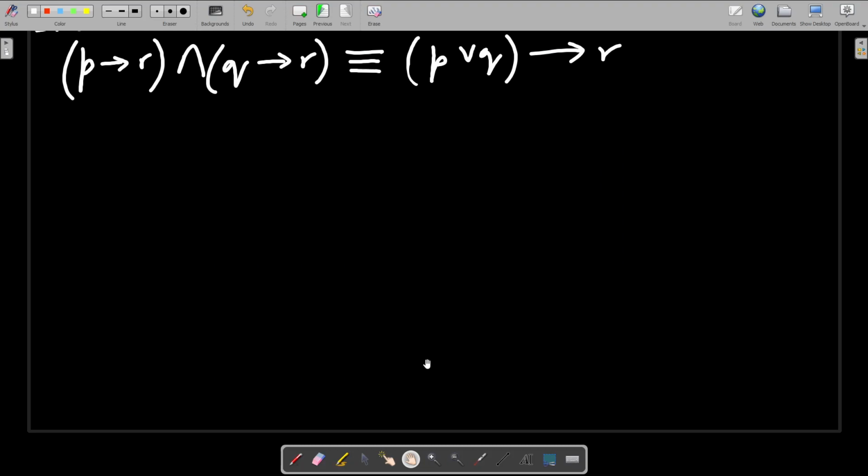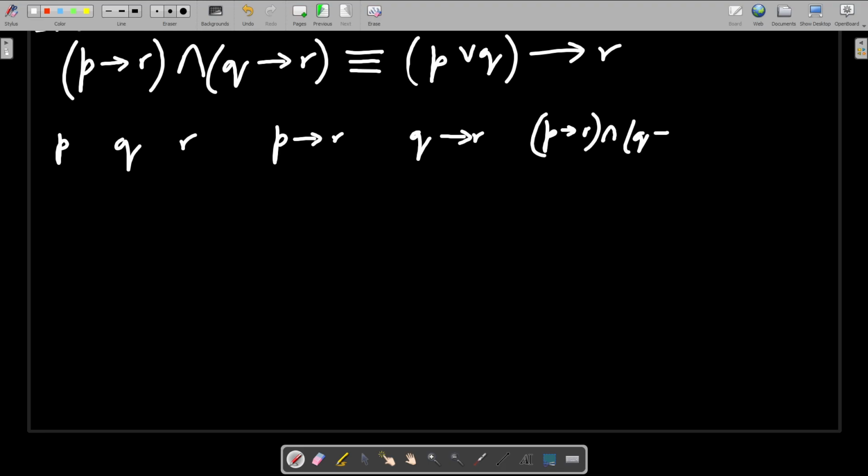Let us start with the truth table here. P, Q, R, P implies R, Q implies R, P implies R and Q implies R. Now this will be P or Q. Oh, no, wait.